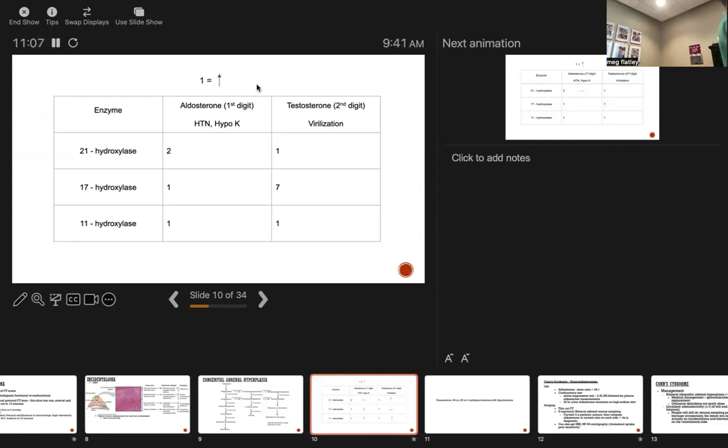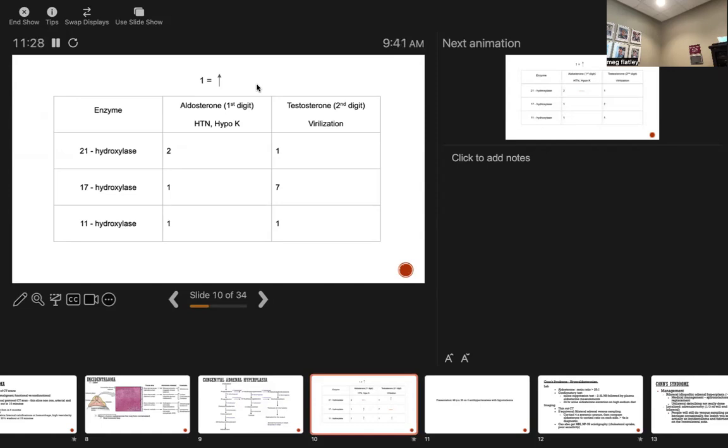I'll briefly go through it here. So these are the three enzymes that are deficient in the three different congenital hyperplasias. Now, what you want to know is what each congenital adrenal hyperplasia enzyme deficiency does to the body. So to do that, you look at these two columns.